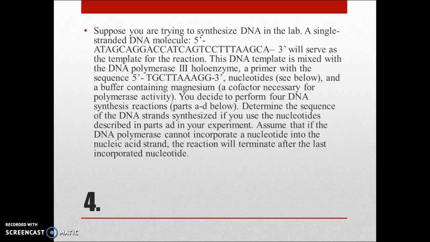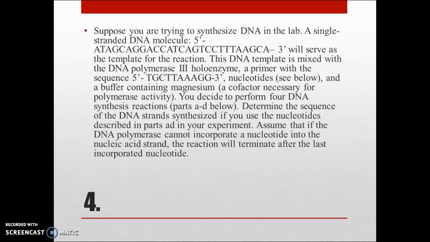So for 4, suppose you're trying to synthesize DNA in the lab. In a single-stranded DNA model, 5' ATAGCAGGACC ATTCCTTTAAGCA 3' will serve as the template for the reaction. This DNA template is mixed with the DNA polymerase 3 holoenzyme, the primer with the following sequence, nucleotides, which are given in parts A through D, and a buffer containing magnesium, which is a cofactor necessary for polymerase activity.